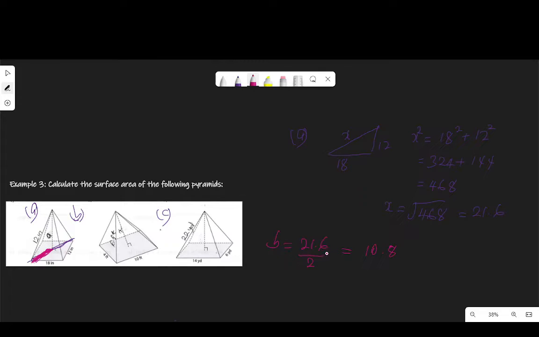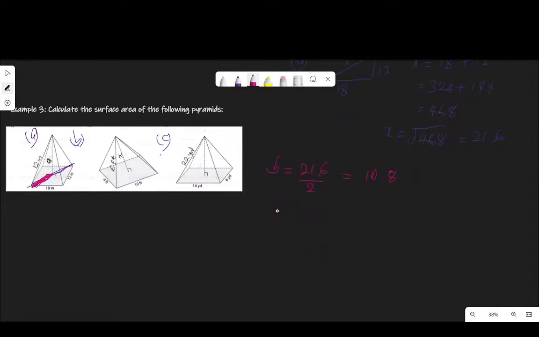Using Pythagoras, A squared is equal to the slant height, 12 inches squared, minus this side, 10.8 inches squared. 12 squared is 144, minus 10.8 squared, which is 117, and 144 minus that is 27.